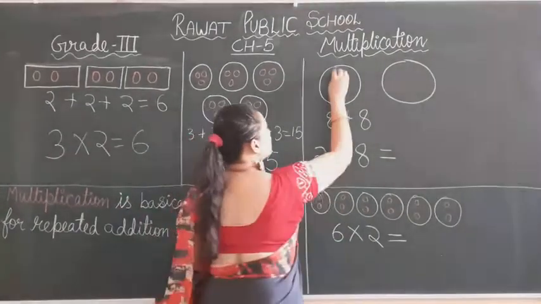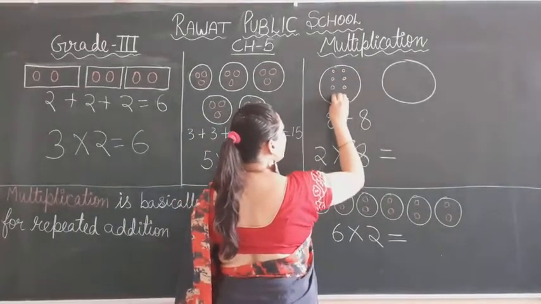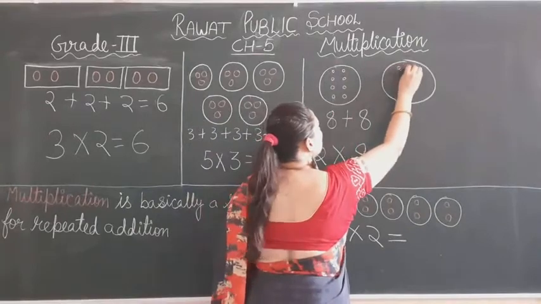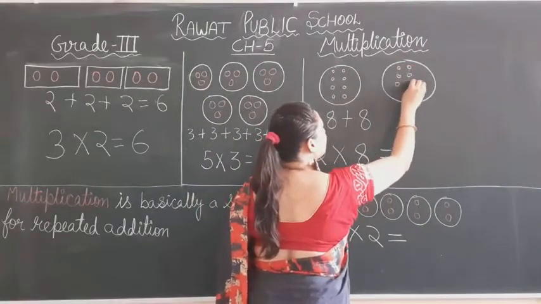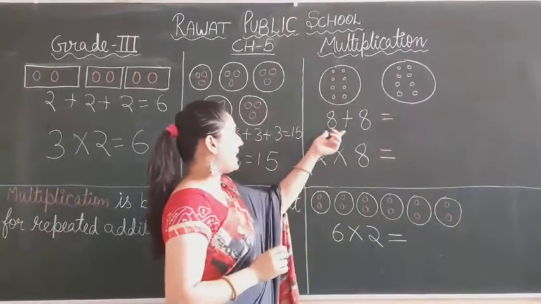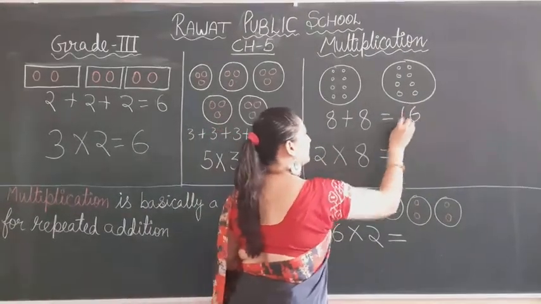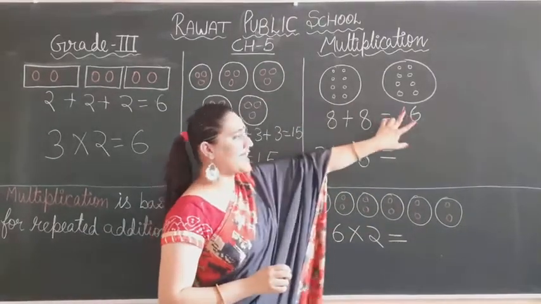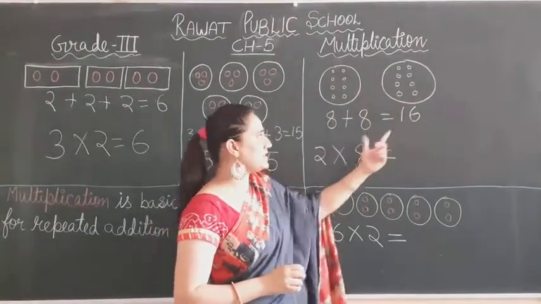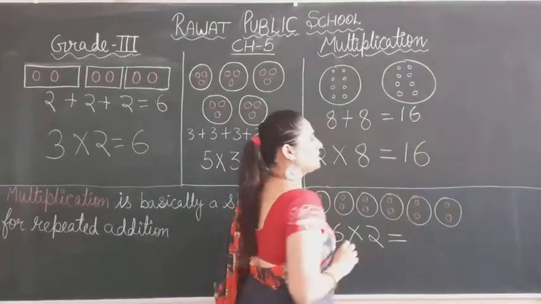So I am going to make 1, 2, 3, 4, 5, 6, 7, 8. 1, 2, 3, 4, 5, 6, 7, 8. So I said 8 plus 8 is 16. So 2 times 8 becomes 16.